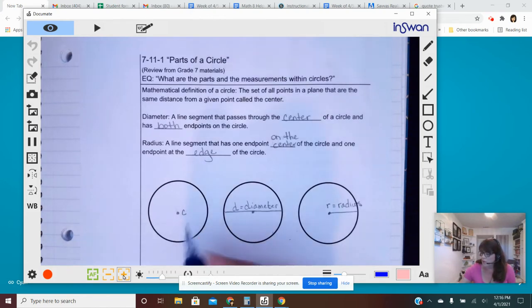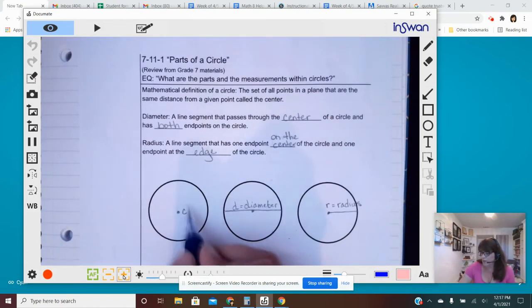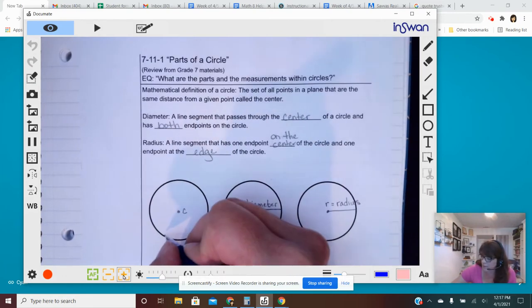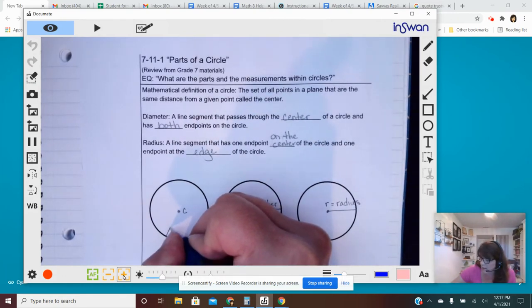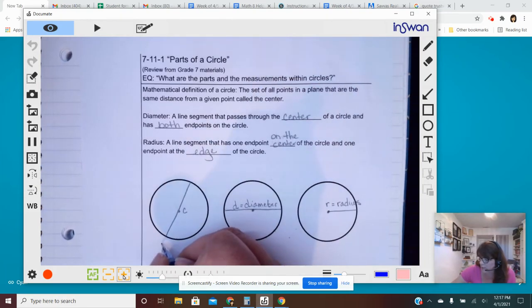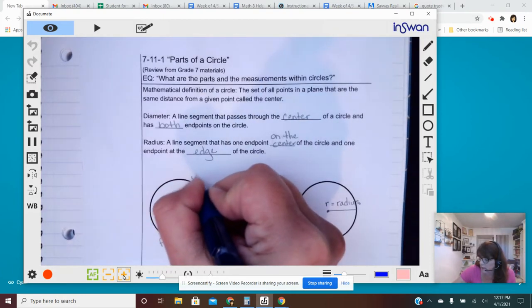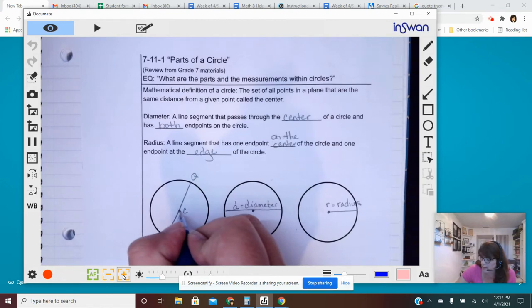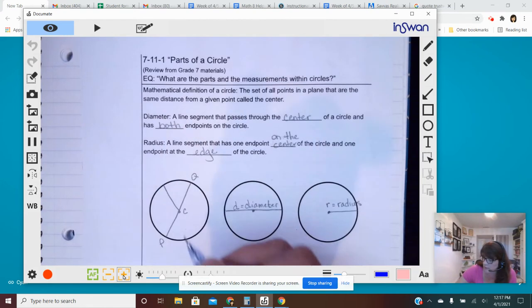Okay. So I'm going to use this one for example. If I have the center marked C, and I draw a line all the way through, and I'm going to mark these as P and Q. And maybe I draw another line that only goes from here.